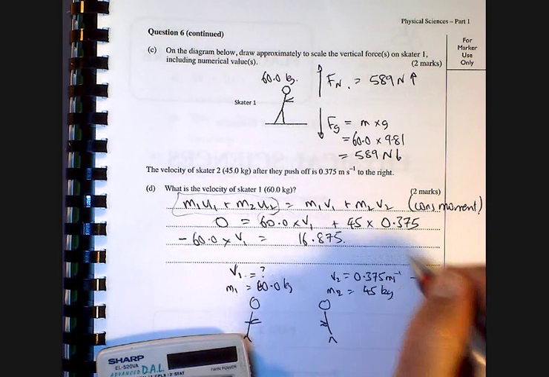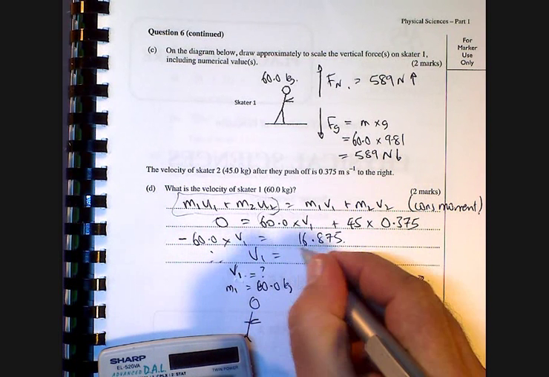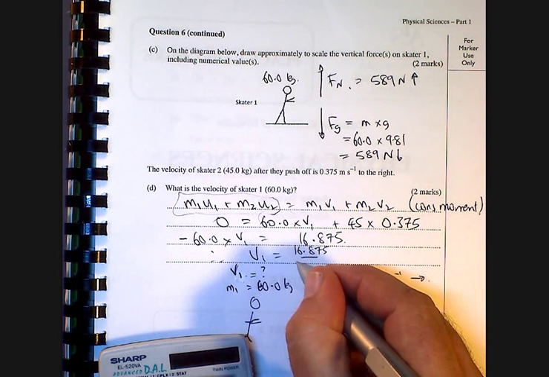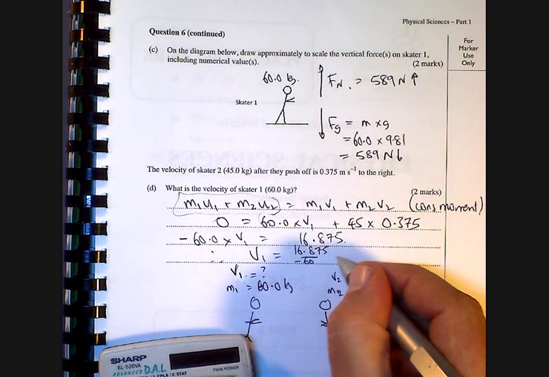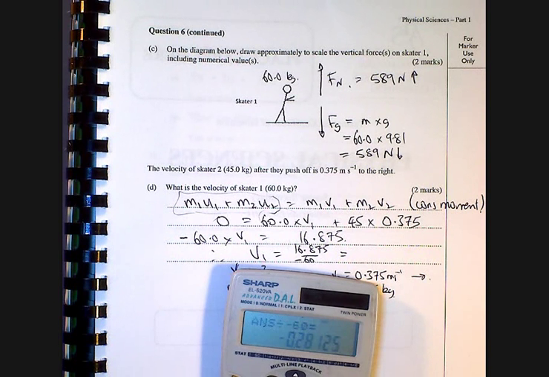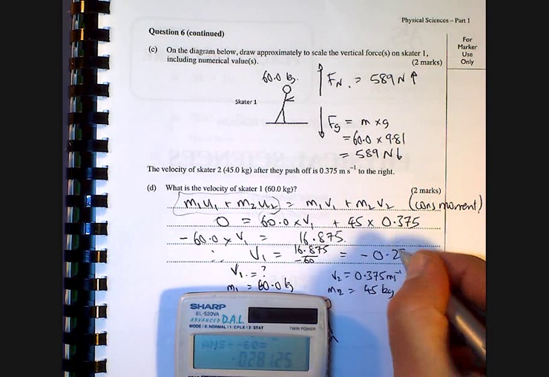So therefore, V1 equals 16.875 divided by negative 60, which equals negative 0.28 meters per second.